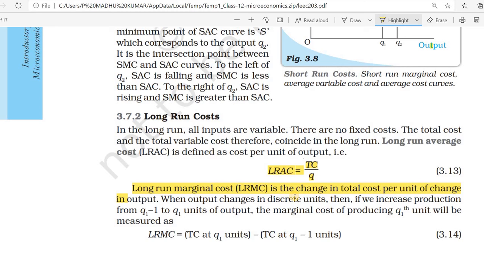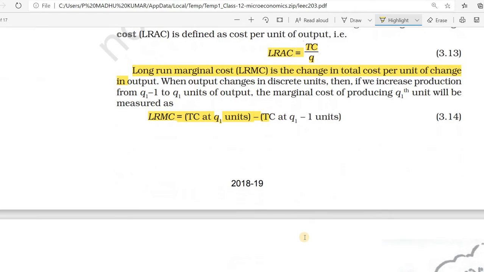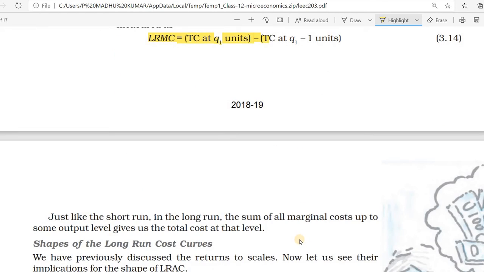The cost increased from 100 to 150, so the marginal cost is 50. The equation is LRMC equals total cost at quantity n units minus total cost at n minus 1 units. Then we get the marginal cost.